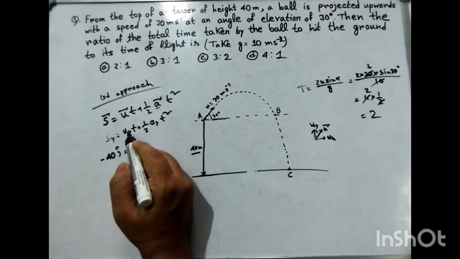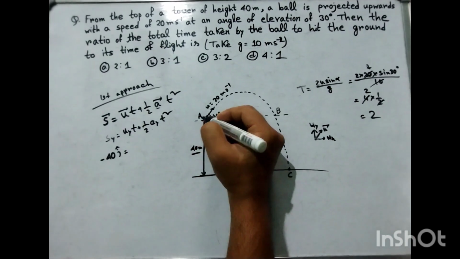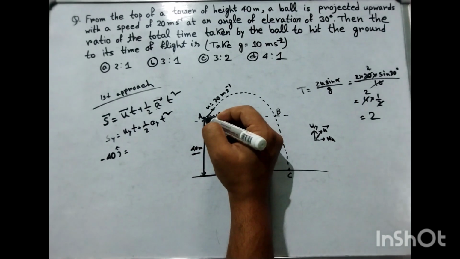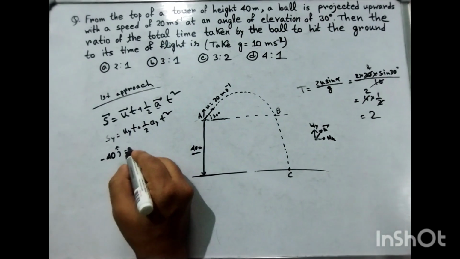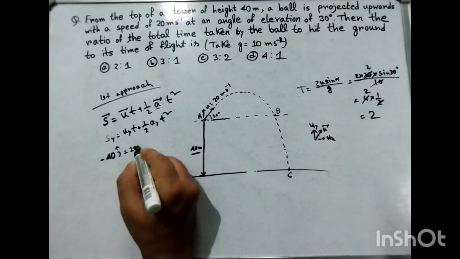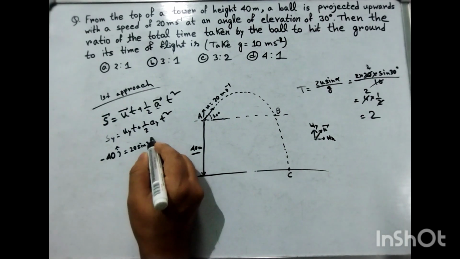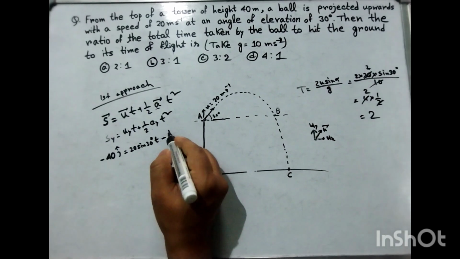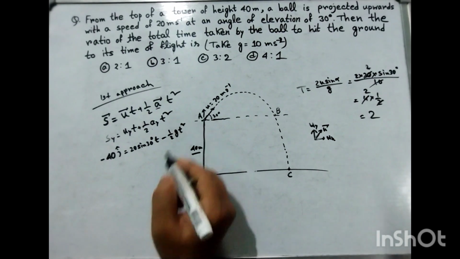So uy will be 20 sin 30 degree, that is u sin alpha, so 20 sin 30 degree t minus half g t square.